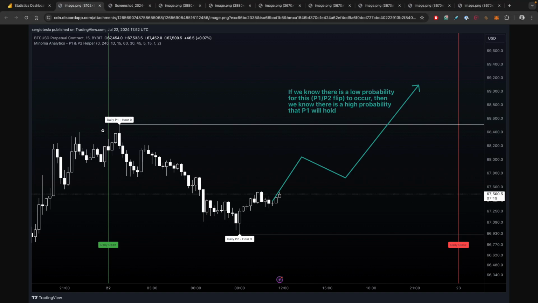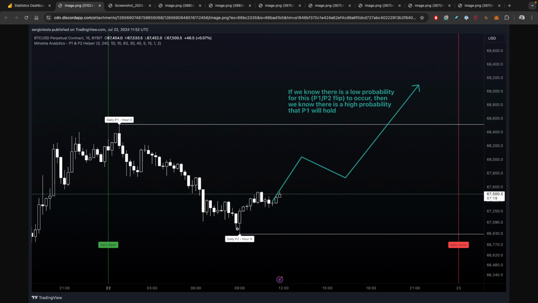The best way to show this here: we have the P1 here, we have the P2 there, and for the P1, P2 flip, we'd have to see this. So if we know there's a low probability for this P1, P2 flip to occur, then we know there's a high probability that P1 will hold. Low probability of the flip means high probability P1 will hold. That's a logical conclusion you can derive from that.